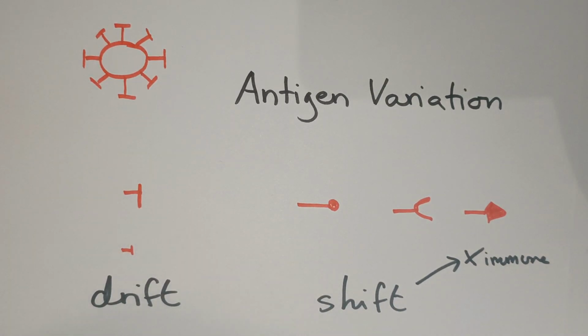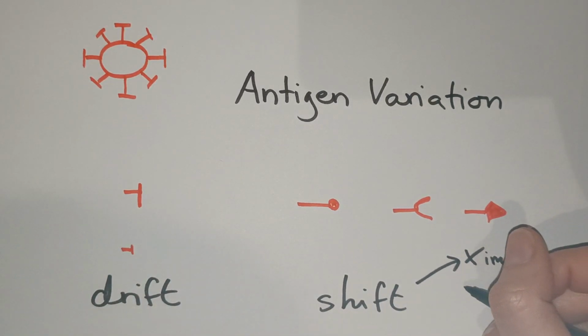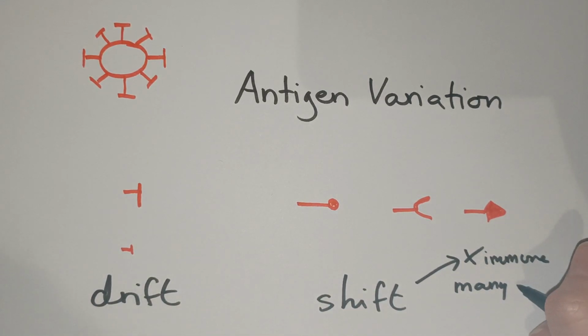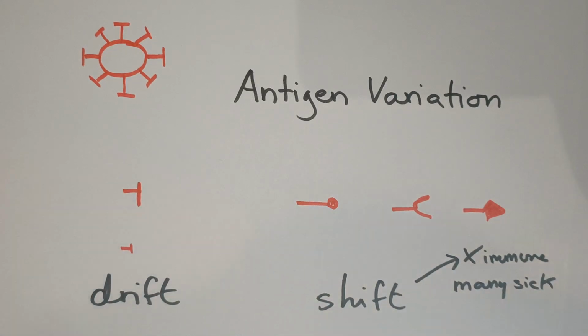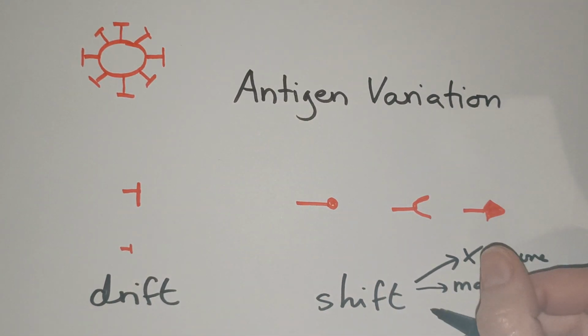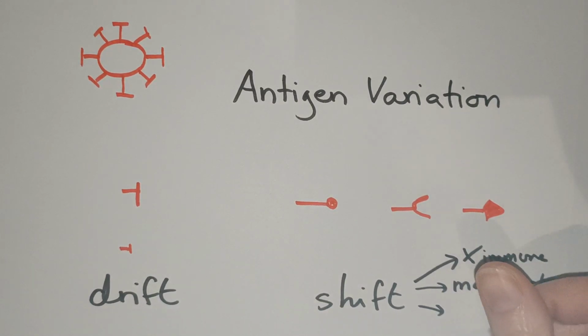And if there is no immunity, that means that we are going to have many cases. So many people are going to be getting ill, many people are going to be contagious and pass those pathogens on to others. This could then cause a pandemic level event.